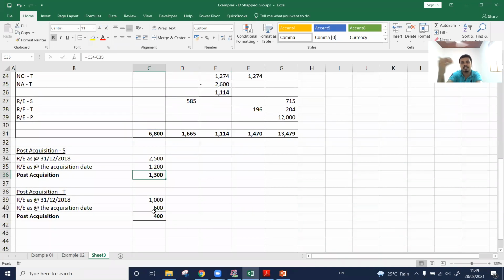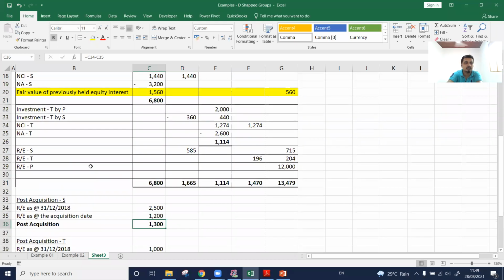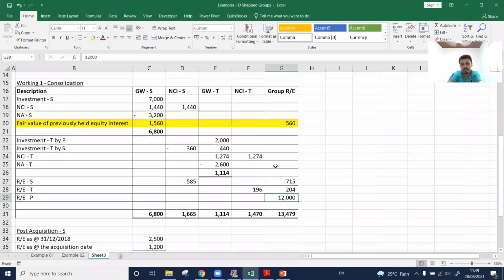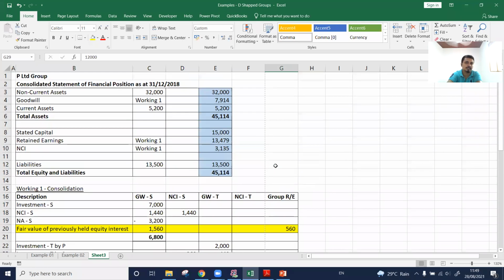Three subsidiaries, again separately. What is the amount that needs to be allocated to the parent company shareholders and other shareholders, right? And finally, with respect to the parent company, we have considered the year-end retained earnings amount. That is all what we have done. The same procedure we have followed.